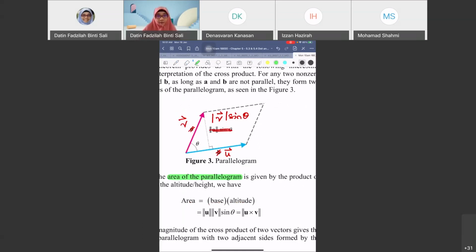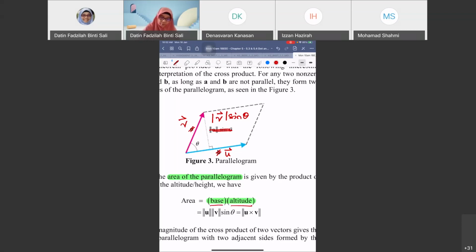The area of a triangle is half times base times height, because last time we saw that the area of a triangle is half of the area of a parallelogram. So the area of a parallelogram is base times altitude. Because we want to compute area, the base and the altitude or height refer to a distance, a length.